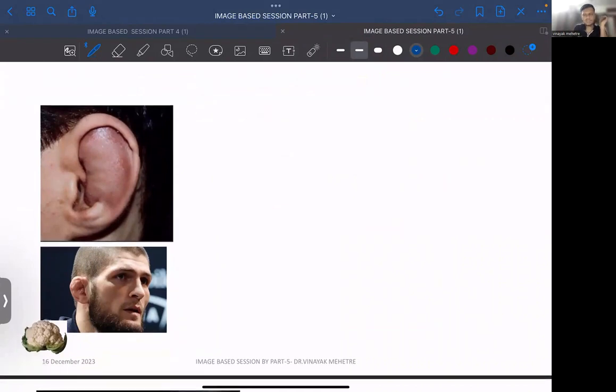Now tell me about the first image. That is the mistake. The first one is not boxer's ear. It is pinna hematoma.